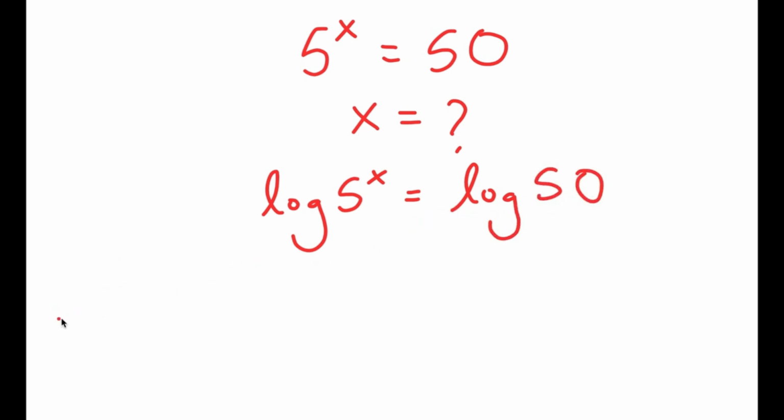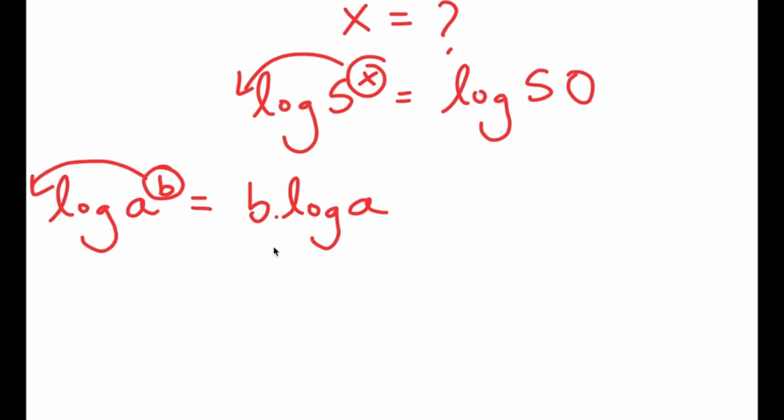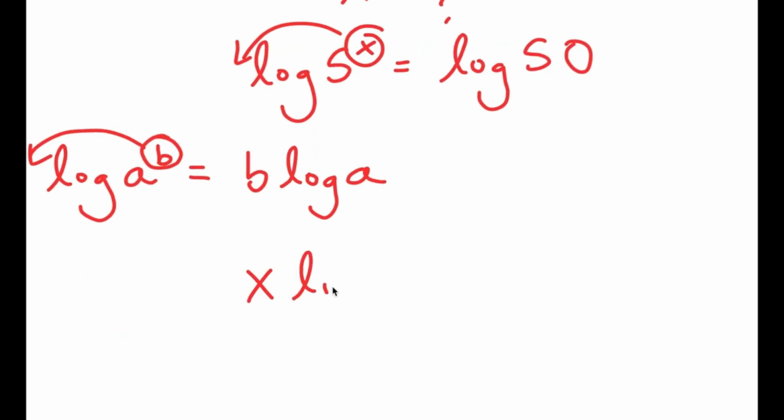Now, if I have something in the form log of a to the power of b, I can move this exponent of b to the front, so this turns into b times log a. In this case, I have log 5 to the power of x, so I can move x to the front, so I get x times log 5 is equal to log 50.